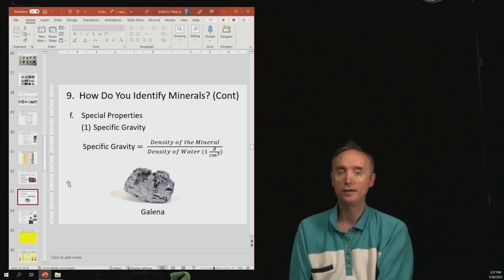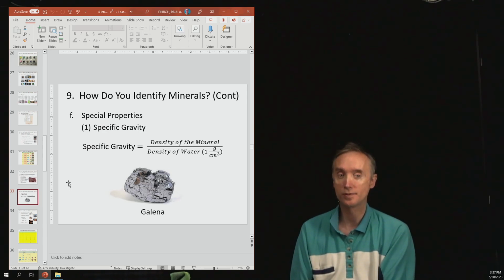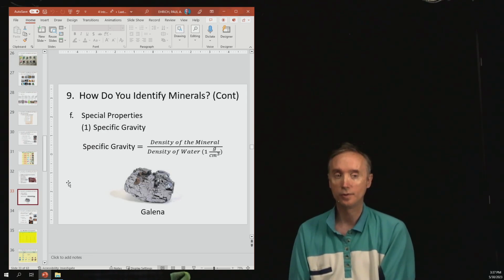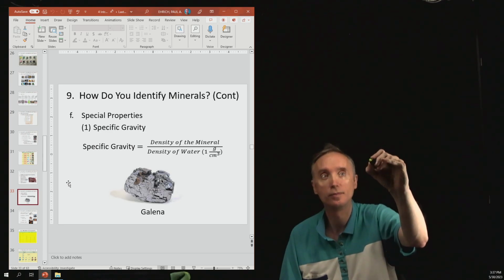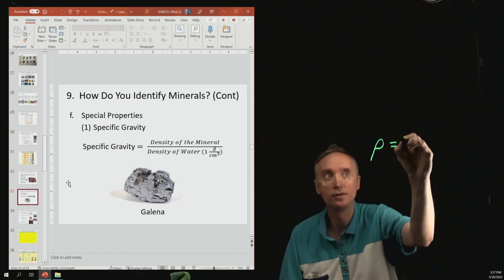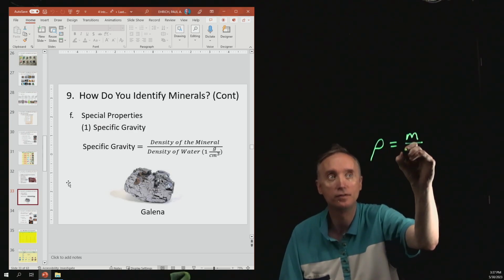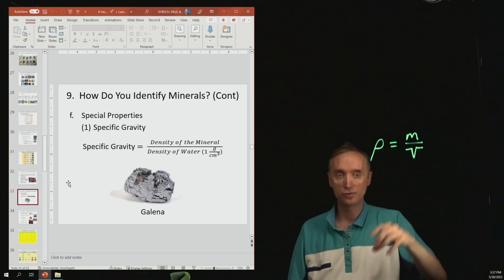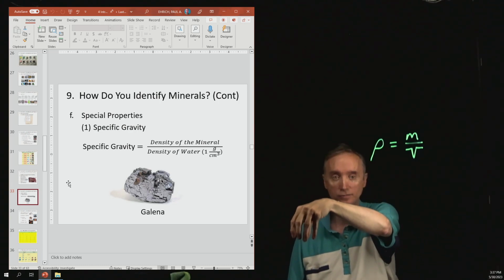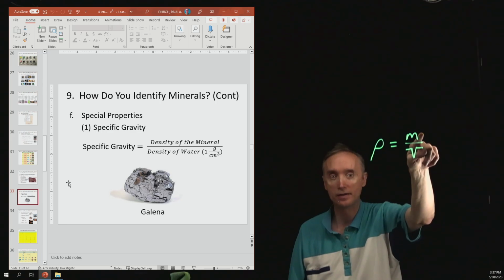Okay, another way of identifying minerals is specific gravity. So we've already talked about density. So density was given by the letter rho, and it was the mass of an object divided by its volume. So if you've got a rock, one way of finding its density would be to take the rock and put it on a scale, and that's going to give you its mass.